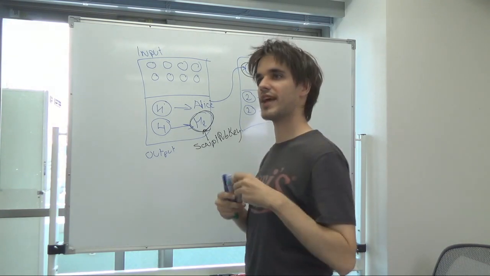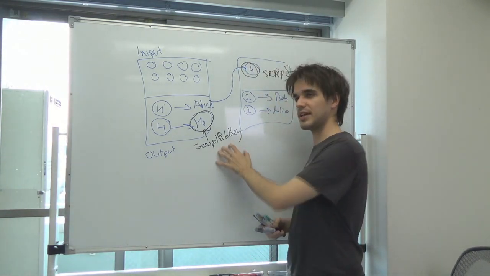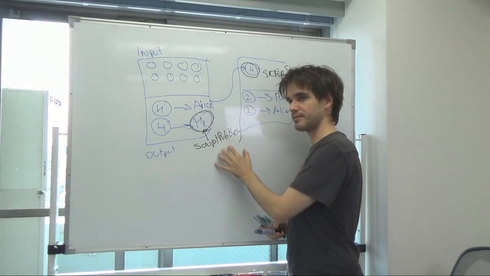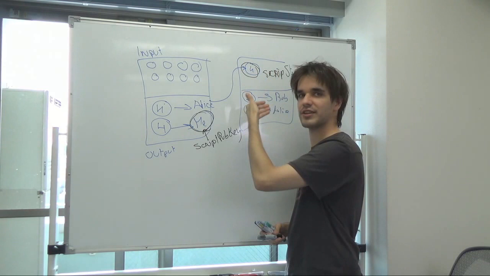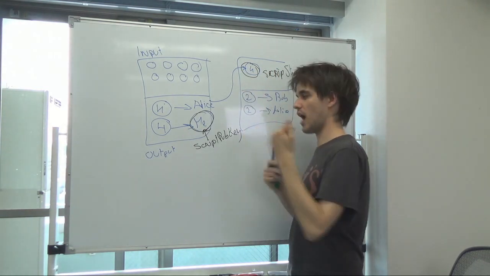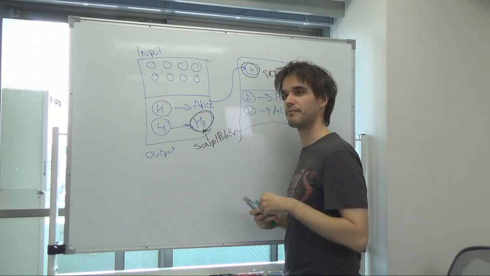So in the case, for example, of an address, the script pubkey is a public key, and the script sig is a cryptographic signature proving that Alice owns the pubkey.